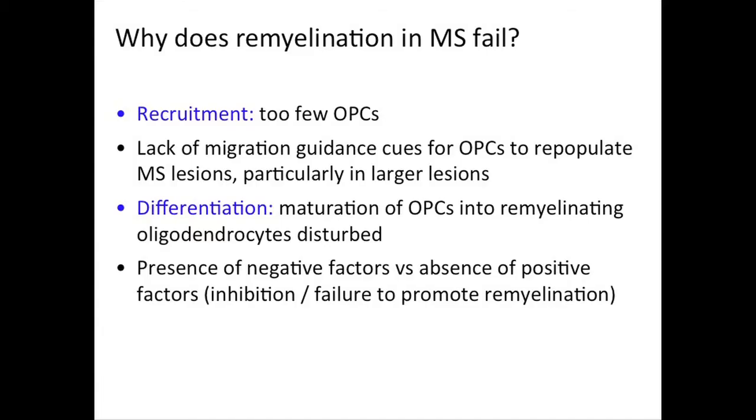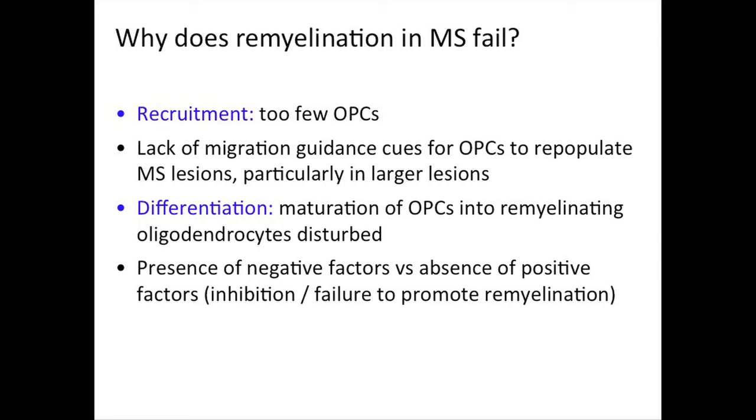Now, why does it fail in MS? As I said, there are two phases, recruitment and differentiation. Both phases can be hampered. When it comes to recruitment, there can be too few of these cells. That can sometimes be the case, particularly in large lesions, where there's a lack of guidance cues.